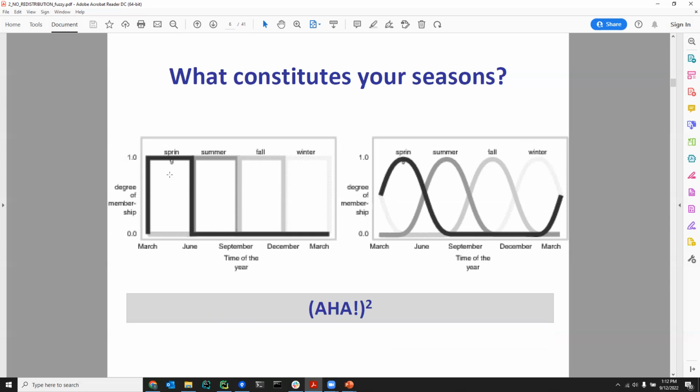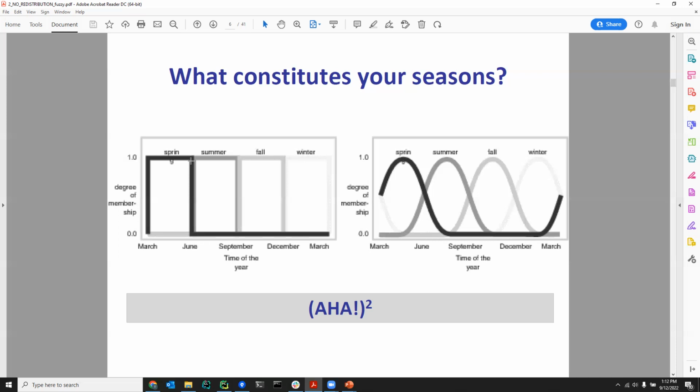And we can see the same sorts of things if we were going to try to describe the seasons with Boolean sets. Let's say you only went by calendar. Let's say that calendar was the only thing you cared about for defining the seasons. And so you would say that, on September 22nd or 21st, whatever it is, you immediately transition from summer to fall.